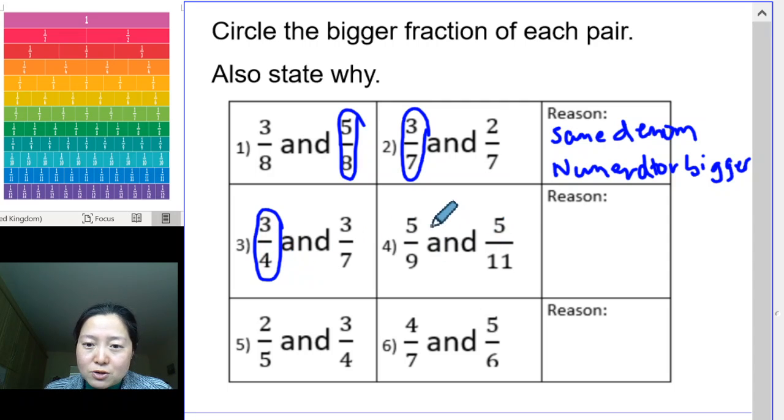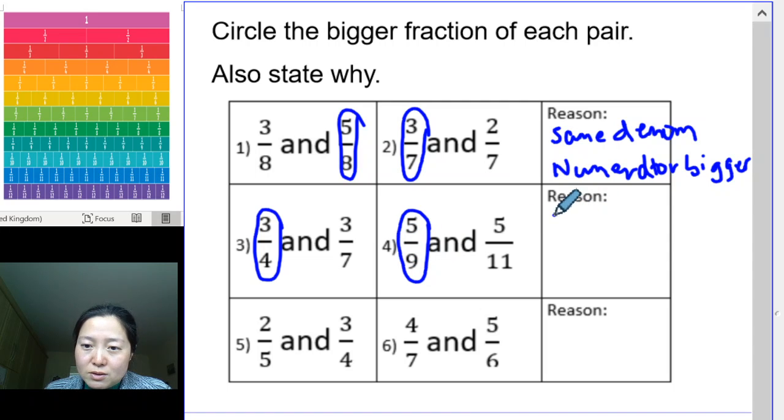All right, so for number 4, the numerator is the same, and the bigger fraction is 5/9 because if the whole bar is divided into 9 pieces, each piece is bigger than the pieces in 5/11. Okay, so although they have the same number of pieces, each piece is bigger in the 5/9.